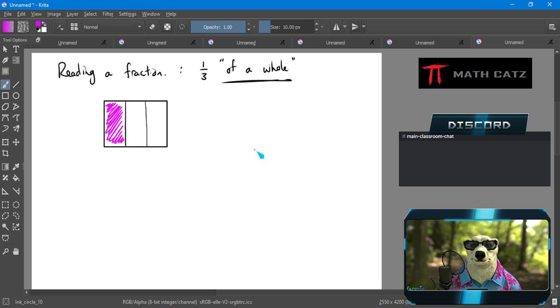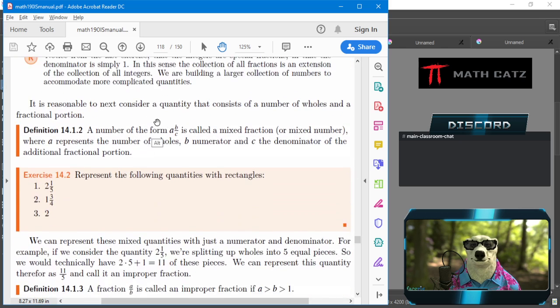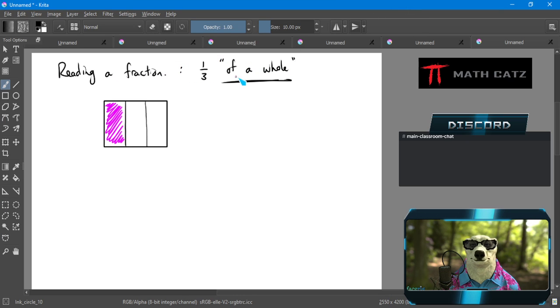If I understand what the fraction is asking of me and telling, then we go on to a mixed number or a mixed fraction, where I have a whole portion as well as a portion of another whole. But still, this "of a whole," whether I say 1 and a third, now the "of a whole" doesn't sound quite right, but it still works.